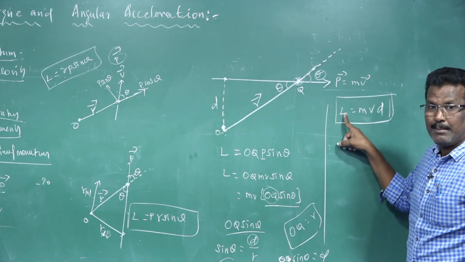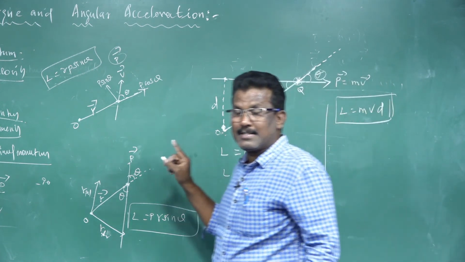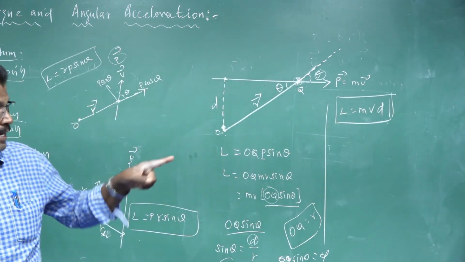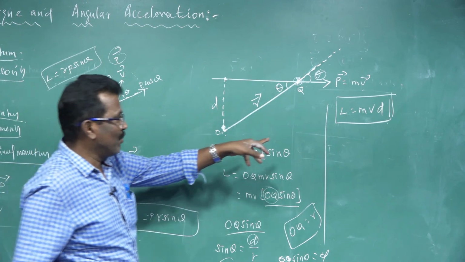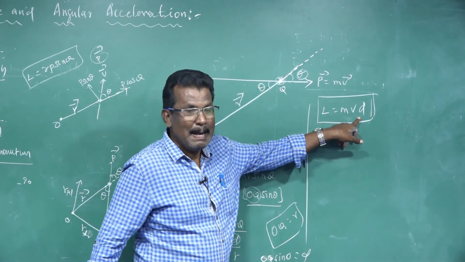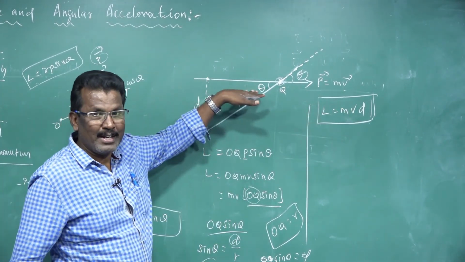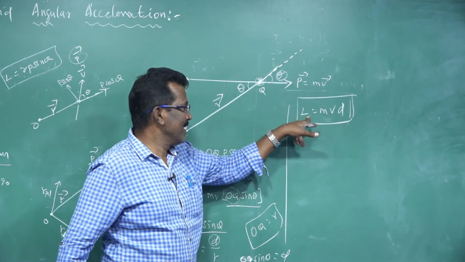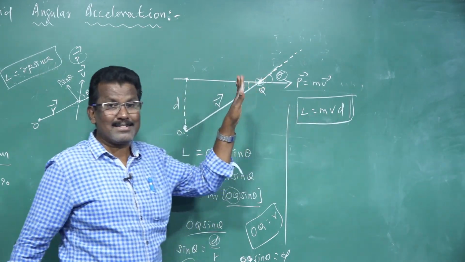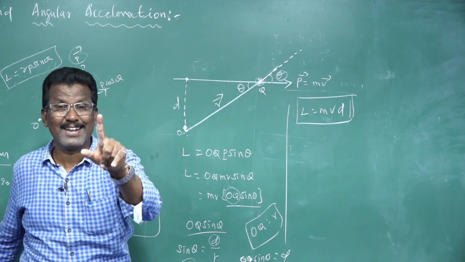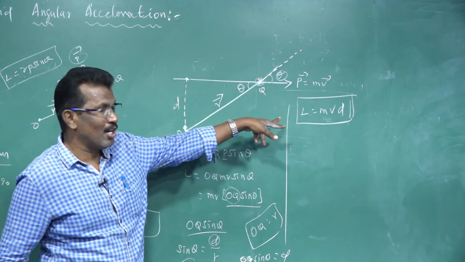Angular momentum does not have any angle, but the body is moving in a straight line. The particle does not describe any angle moving in a straight line, but we still get angular momentum, L equals m v d.